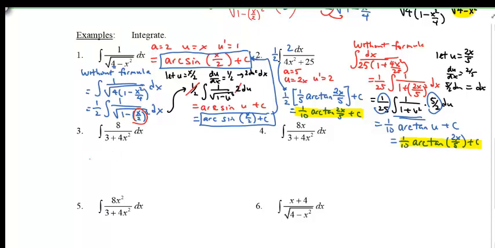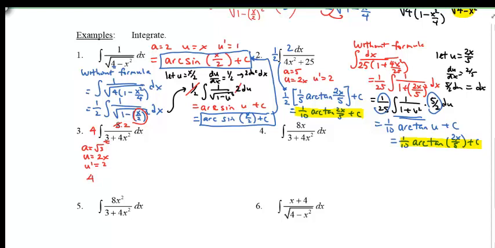For number 3, once again, I'll do it with the formula and without. If I do it with the formula, that means a in this case is root 3. U in this case is 2x, and u prime equals 2. Well, in this case, u prime is 2, but the number on top is 8. So I can rewrite this as 2, and I'll put the 4 on the outside.